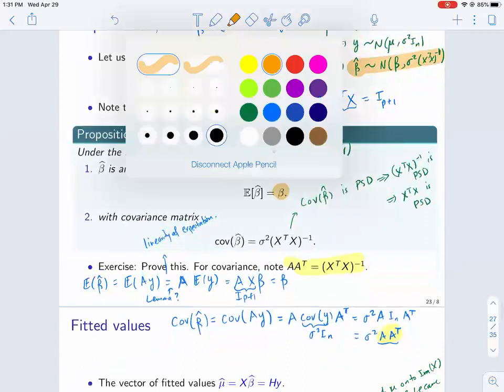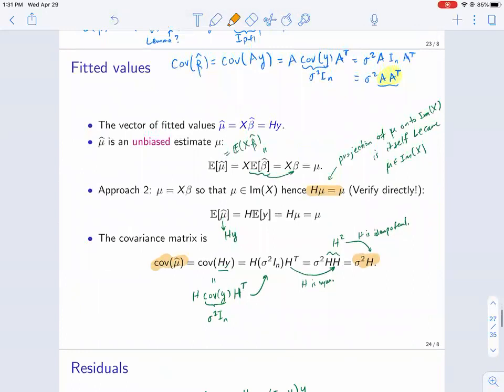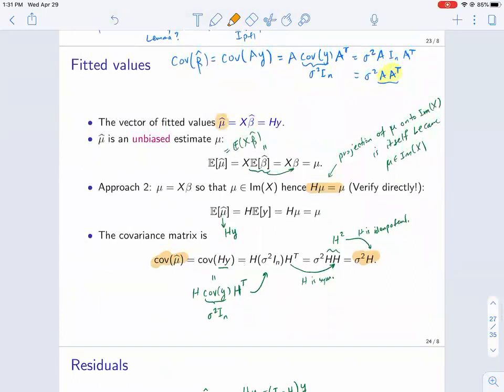So now, what should we do? We can do the same here. Mu hat is an affine transformation of beta hat, which is multivariate normal. Or you can say it's an affine transformation of y, a matrix times y, which is multivariate normal. So we conclude that mu hat also has a multivariate normal distribution.